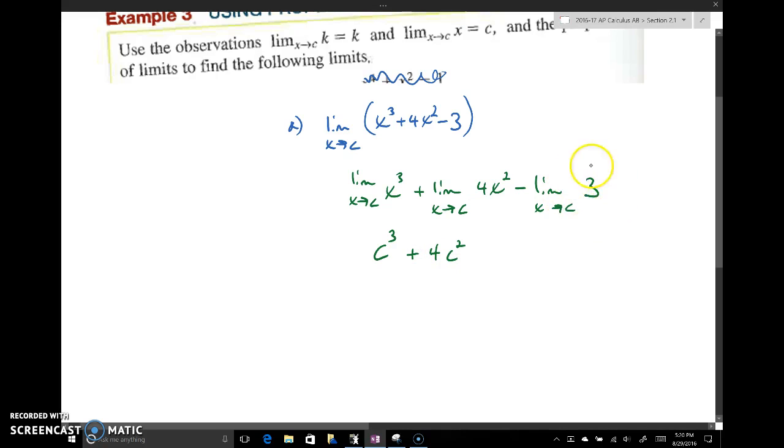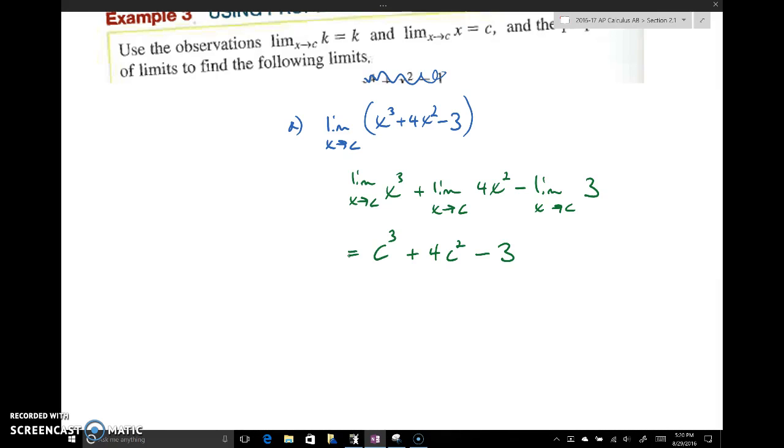And then the constant rule says that the limit of a constant is just the constant. It doesn't depend on x at all, so it's always 3. So that's our answer. You might be thinking to yourself, well, this seems really complicated for something that's very simple. And right now it is, but we'll see in just a few examples that we can bump into some limits that are not straightforward and need some more work before we can figure out what they are.